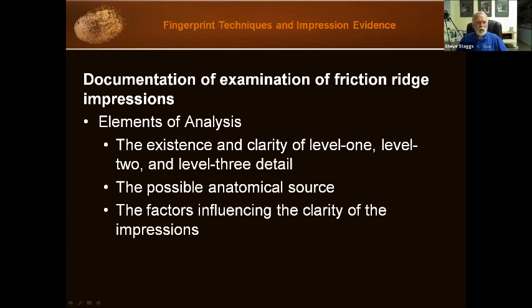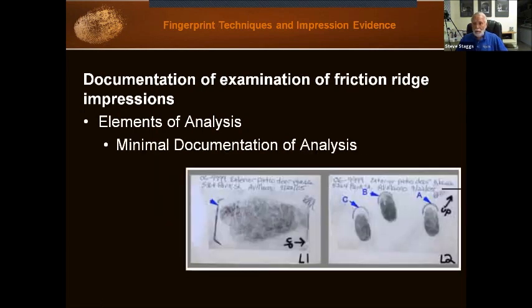So, it could be that there was pressure distortion, deposition pressure, development medium, the powder, the substrate. We'll put any factors that are influencing what our result is. All right.